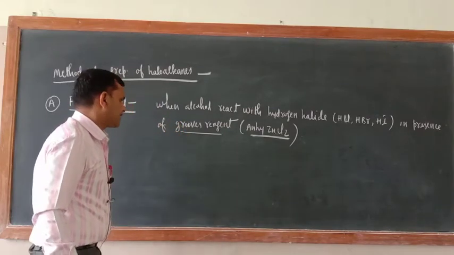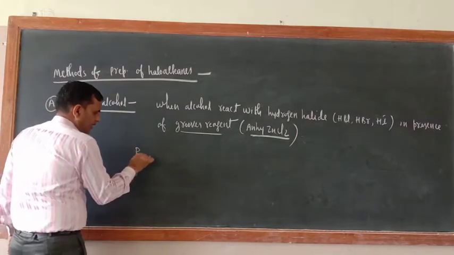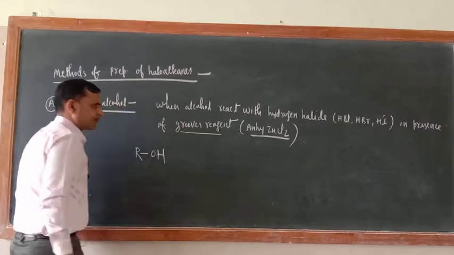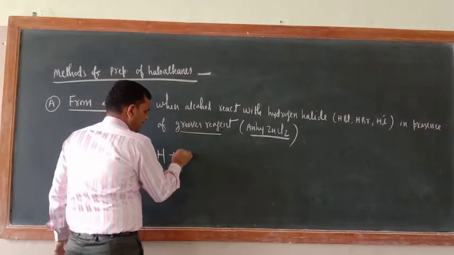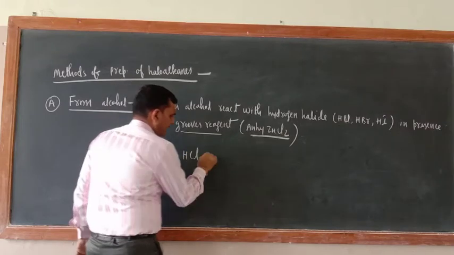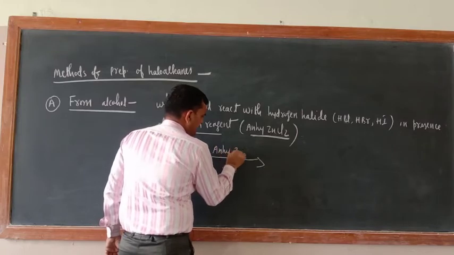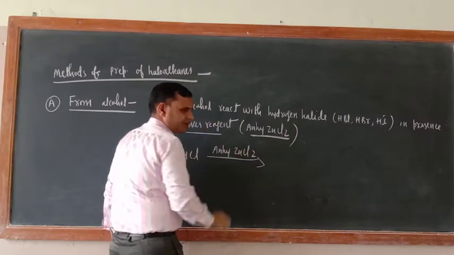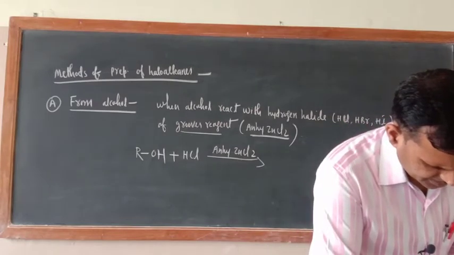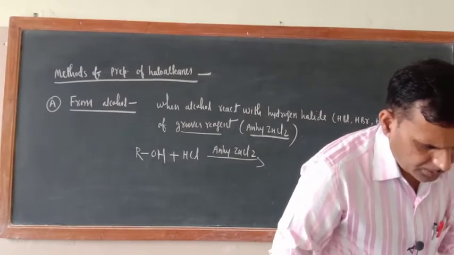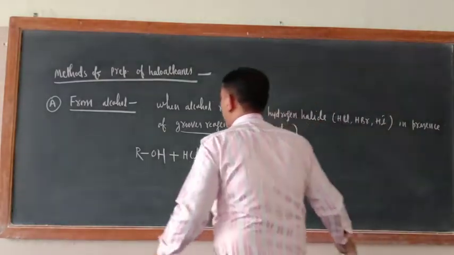Now how, just see here. Take alcohol, this is ROH. I am taking 1 degree alcohol. Now it should react with, let us take HCl. Now here what should be there? Anhydrous ZnCl2. This is Groove's reagent. This method name is also Groove's method only.